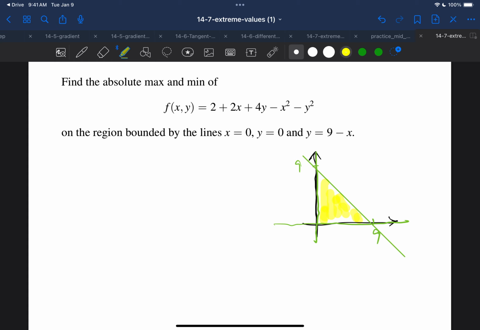And we have a tent or a surface on top of this triangle area, and the question is, what is the absolute max or minimum?